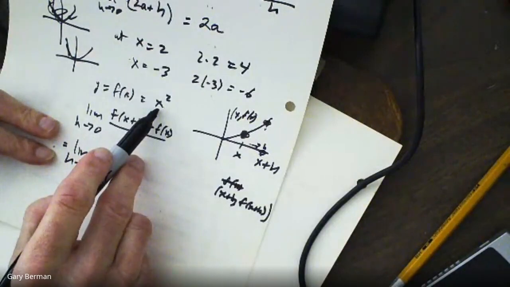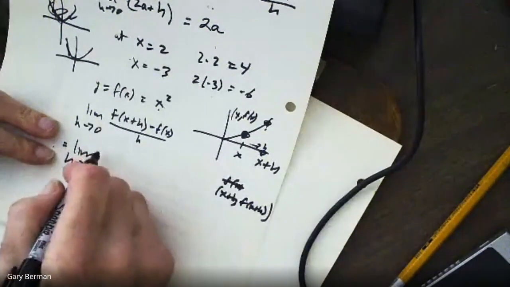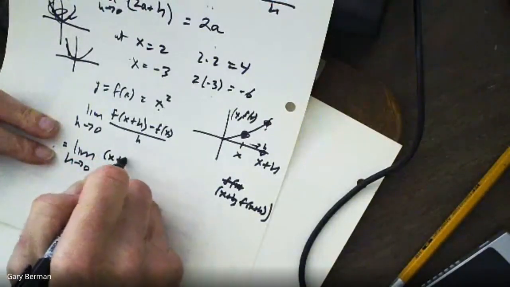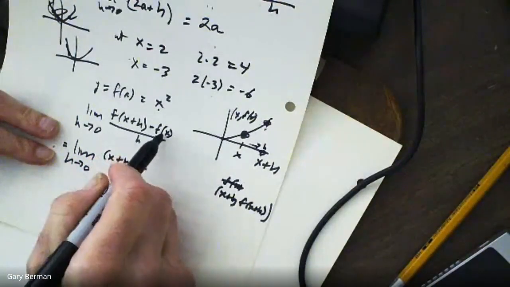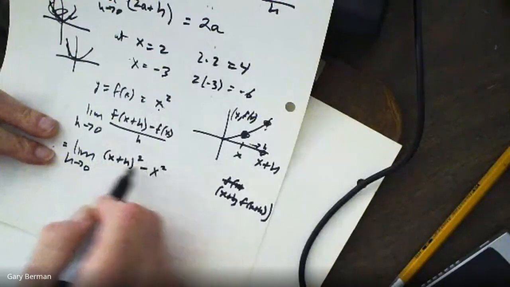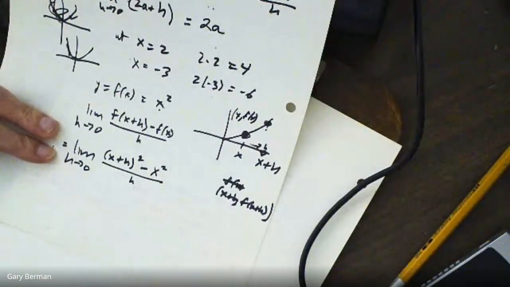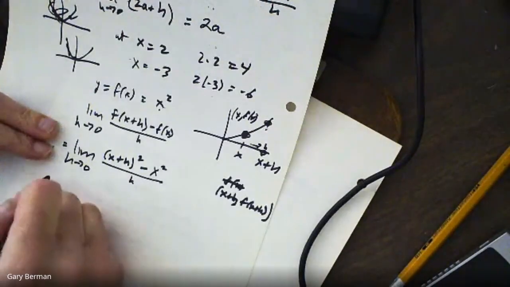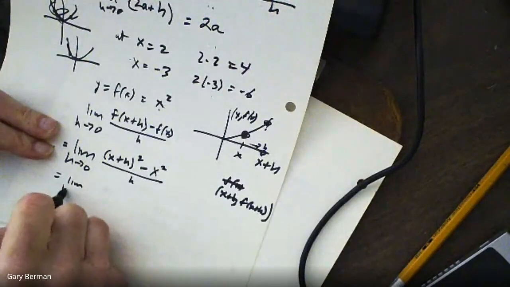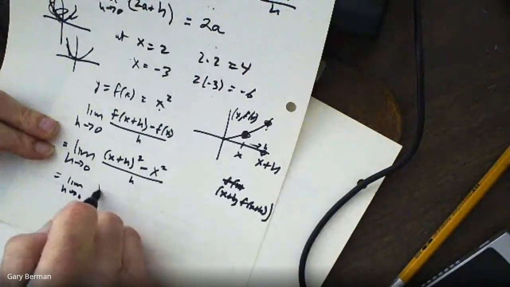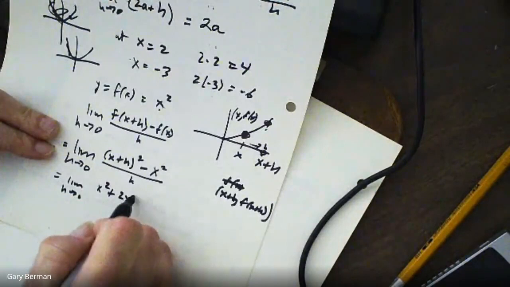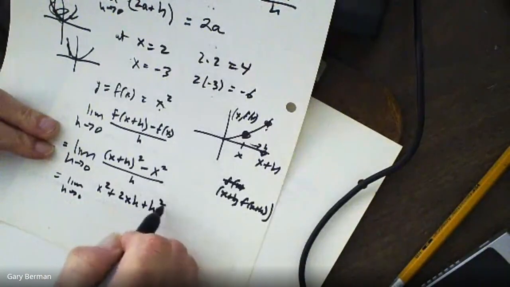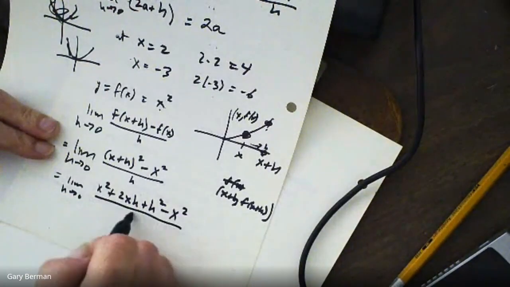That's why we stressed that a couple of sections back. So that becomes x plus h squared. F of x is simply x squared, over h. Okay. Now multiply out the top, and you're going to get x squared plus 2xh plus h squared minus x squared, over h.